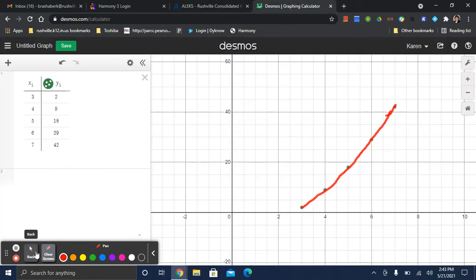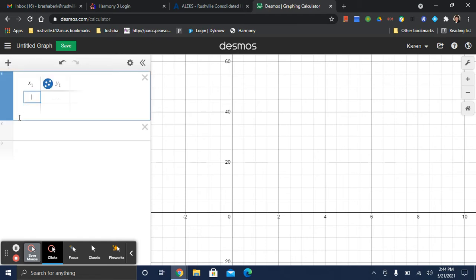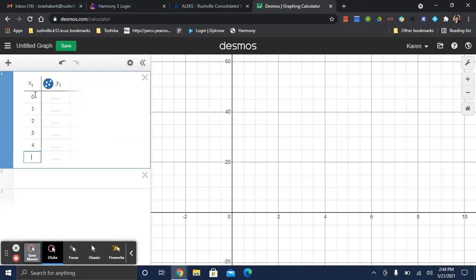I'm going to erase what I have and get my regular pen back. All right, so I'm going to click on this. Remember, we do the plus sign. We go to the table. I'm going to enter in my x values. So I had 0, 1, 2, 3, and 4. And my y values, 28, 13, 4, 1, and 4.